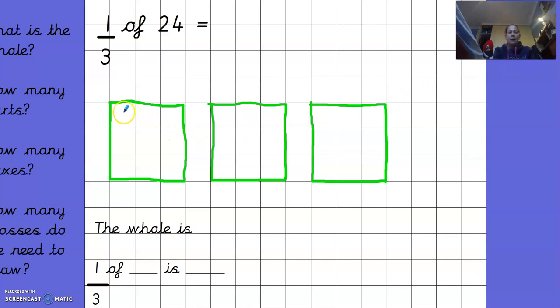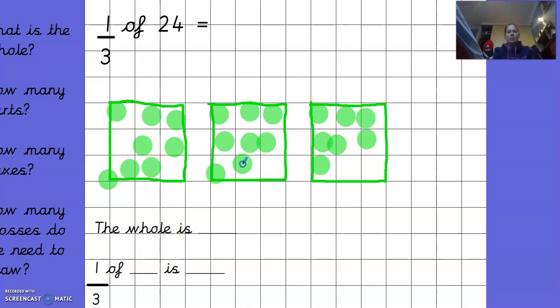Okay, here we go. I'm going to have a go at doing it. 1, 2, 3, up to 24. Remember to include this one that was trying to escape.